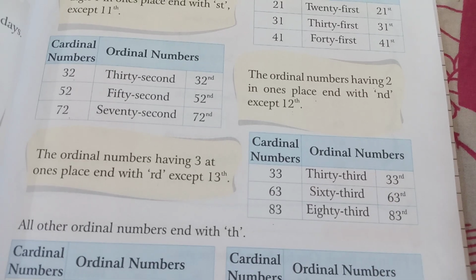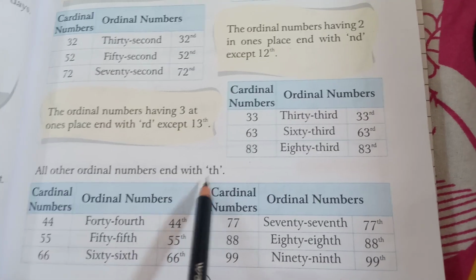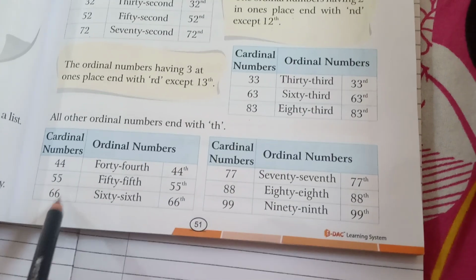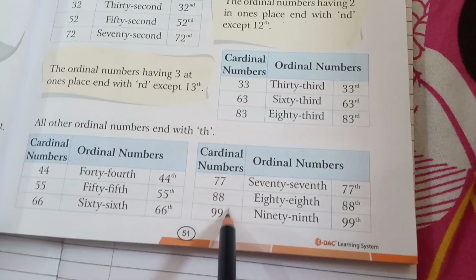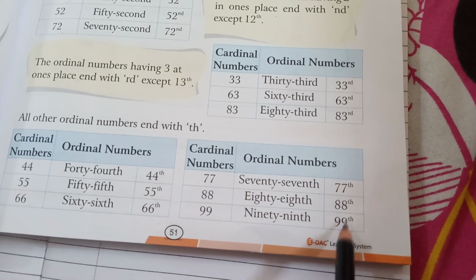Like 33rd, 63rd, 83rd. All other ordinal numbers end with the th. Other ordinal numbers like 44, 55, 66, 77, 88, 99, they have th in their ordinal numbers.